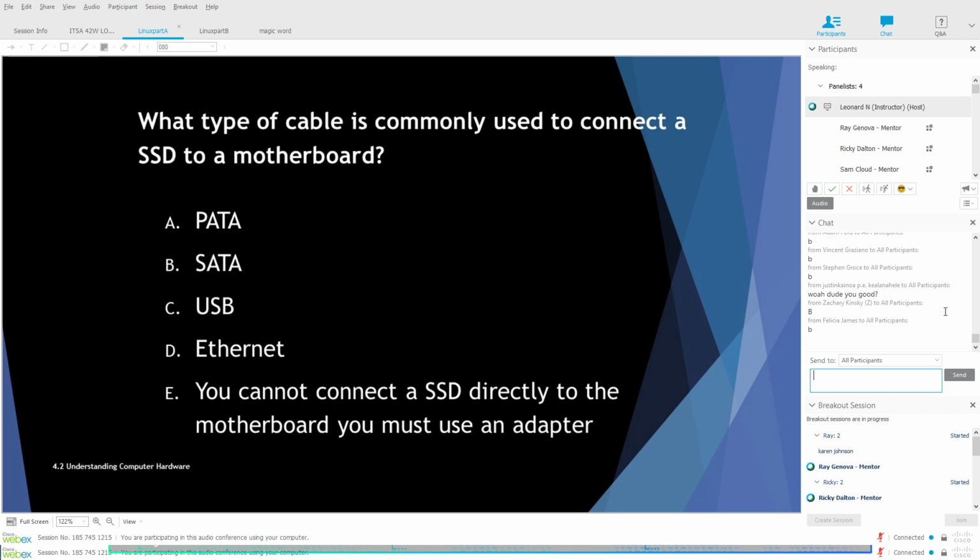It's typed wrong because if you're typing out the abbreviation for SSD, it should be "connect an SSD" because it begins with a vowel sound. If it was written out as solid state drive, what type of cable is commonly used to connect a solid state drive? So that's why I paused right there. It should say "an," because when you say SSD, it begins with a vowel sound. There you go. There's your English lesson for this evening. It threw me off when I read it.